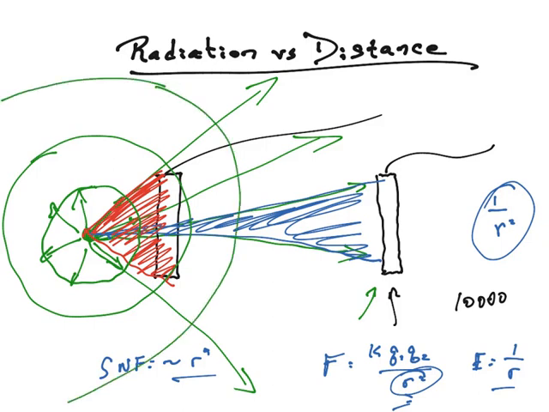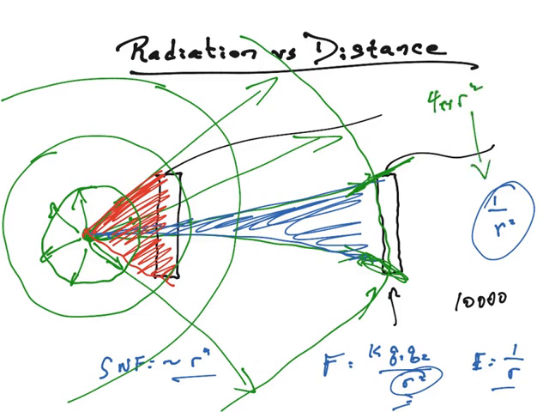And so what is felt is how much of this sphere is hitting the Geiger counter. So it's the amount of the surface area that hits the Geiger counter. And the surface area of a sphere is 4 pi r squared. So that's why you should have a 1 over r squared relationship.